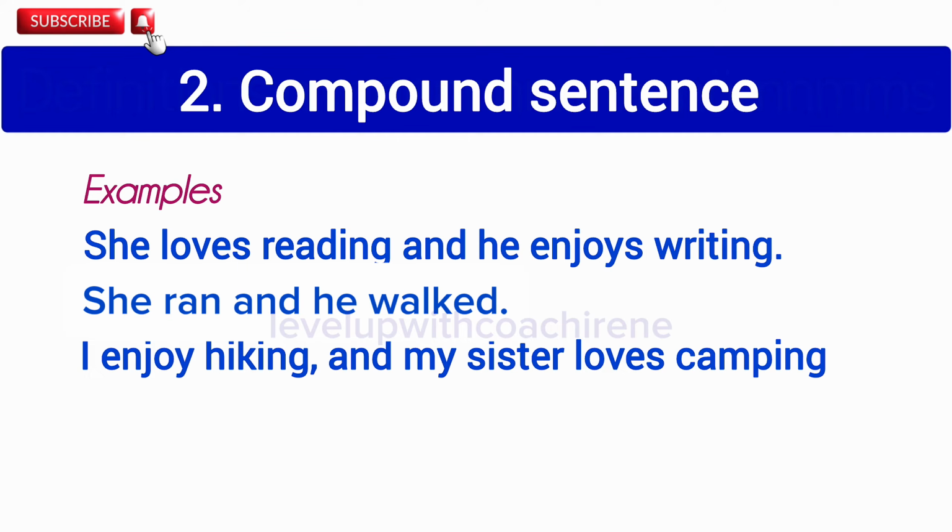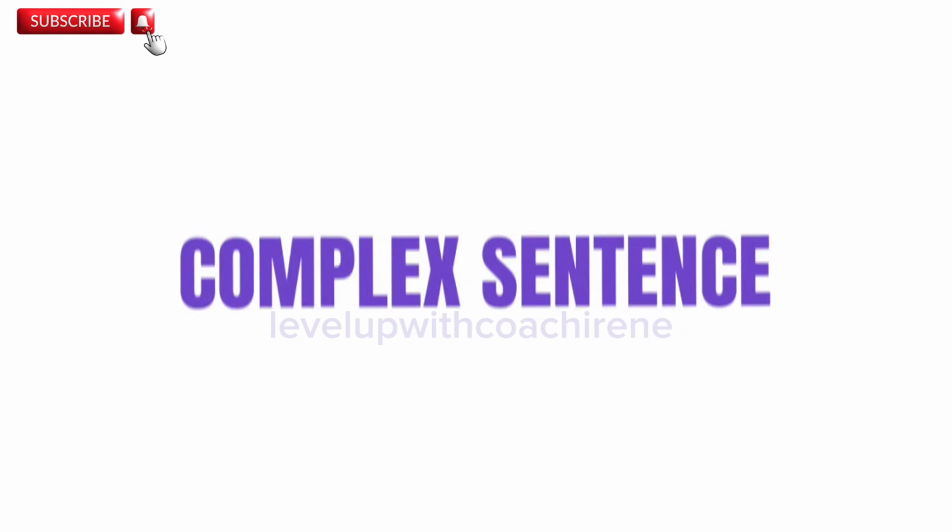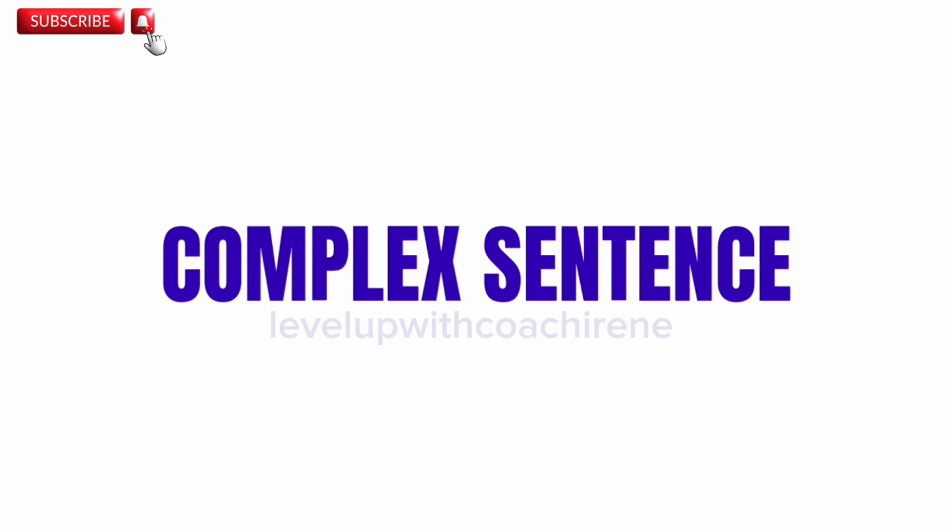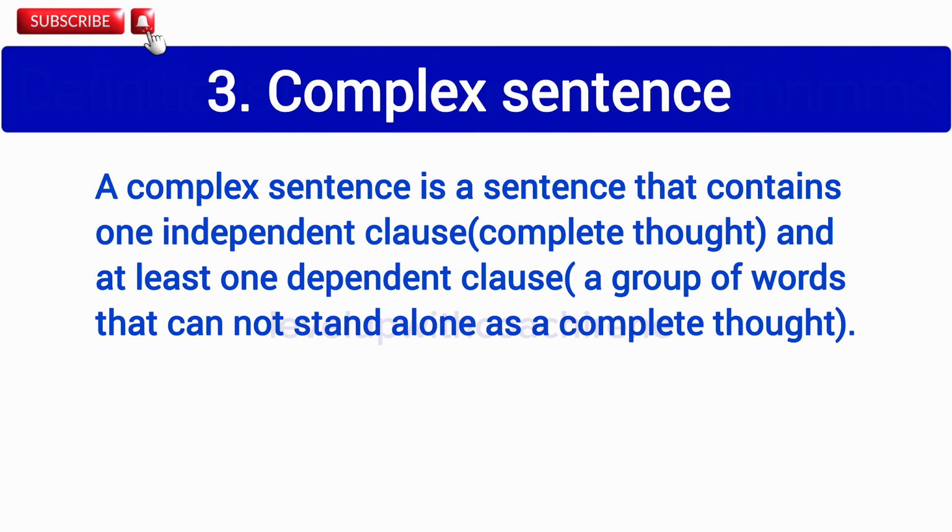Moving on, let's look at number 3, complex sentence. A complex sentence is a sentence that contains one independent clause, that is, a complete thought, and at least one dependent clause, that is, a group of words that cannot stand alone as a complete thought.